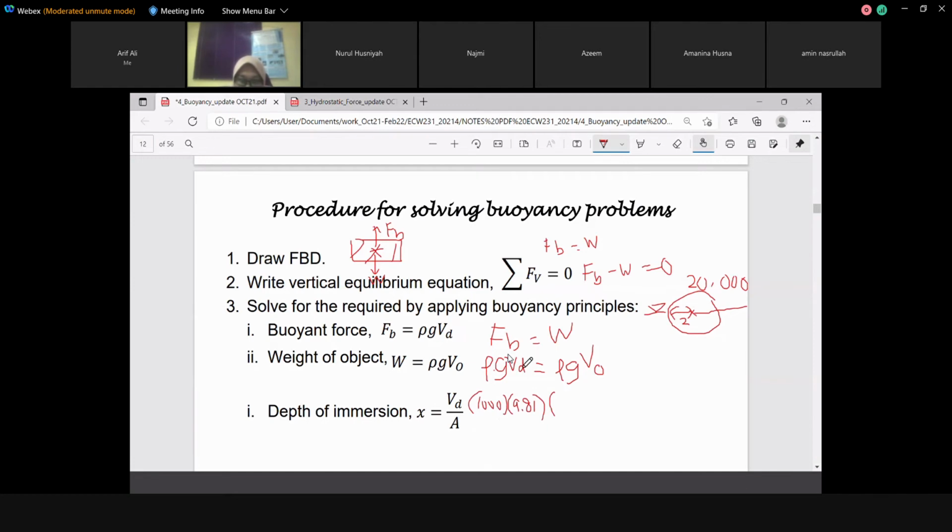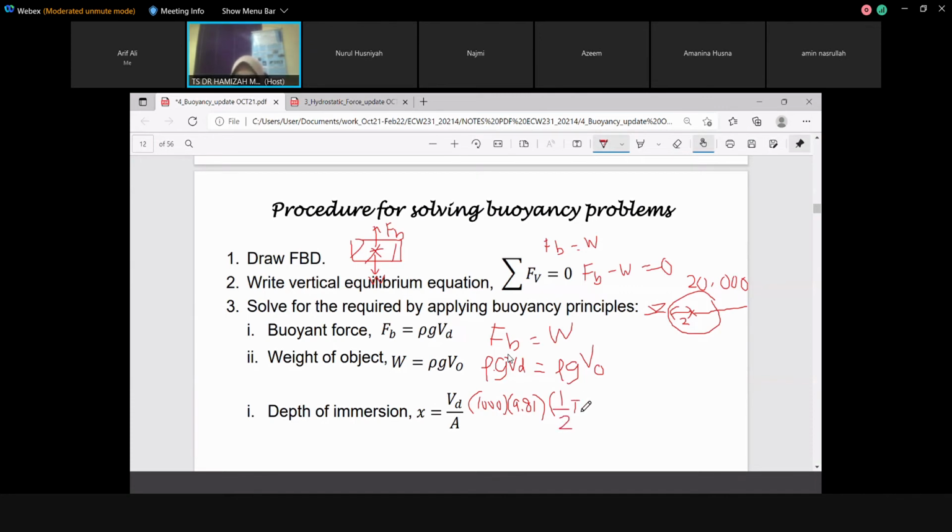Okay, VD is the volume displaced. So the volume displaced is half of the total volume. Okay, so the total volume is pi r squared. So r was 2. Okay, so let me write here, I'll write at the side instead. Okay, the volume, because it is half submerged, we need to divide by 2.